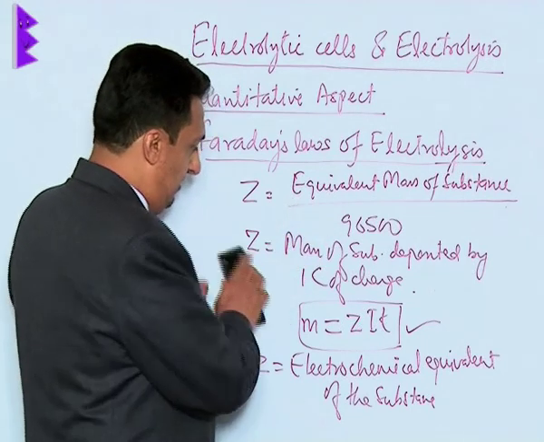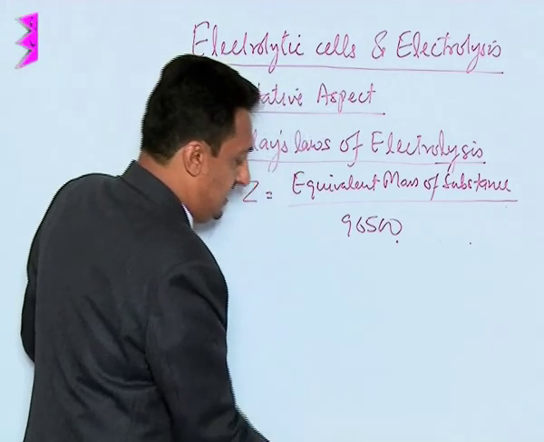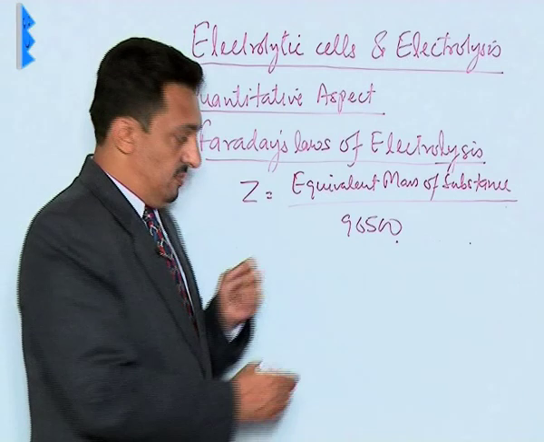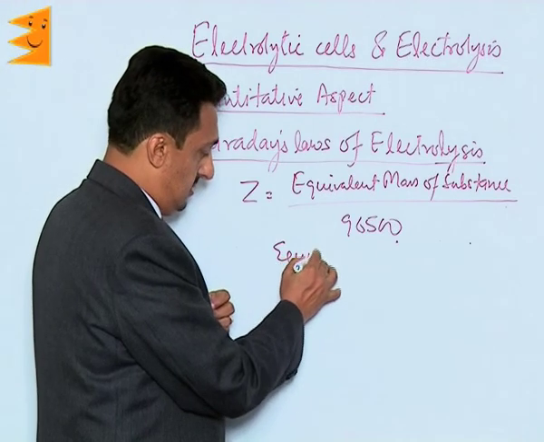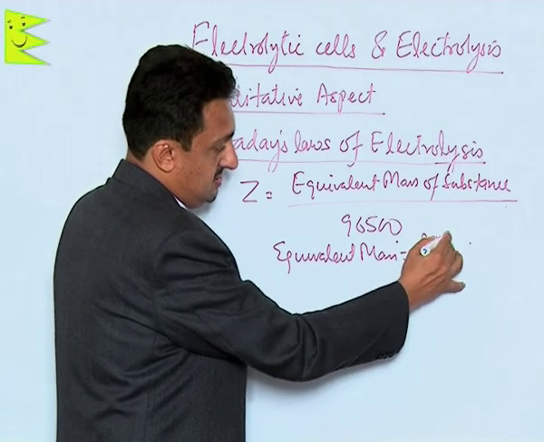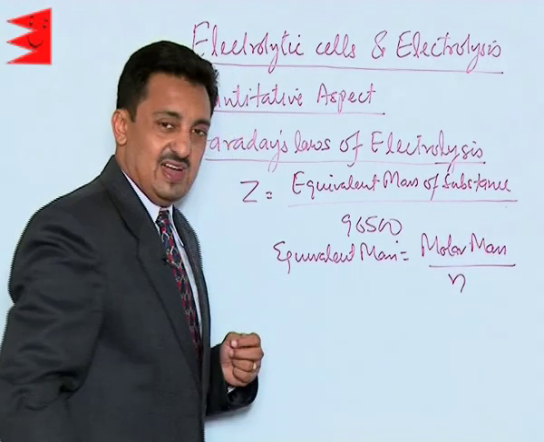And now let us move further. Once we know this Z, what an equivalent mass exactly is, we know equivalent mass is molar mass upon n factor.